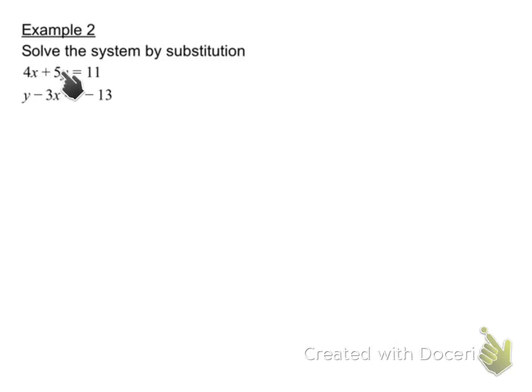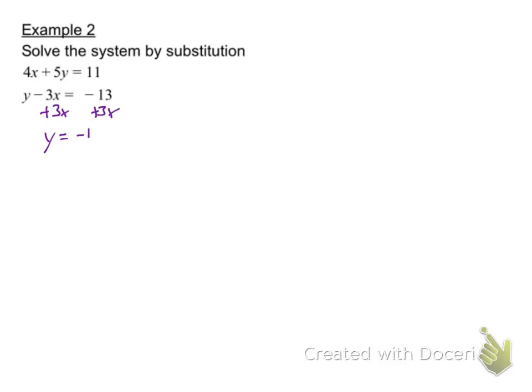Again, 4 and 11 don't divide by 5 very nicely. What about this x? Divide everything by negative 3. No, 1 and negative 13 don't divide by negative 3 very well. So, if I wanted to solve for those others, I would have to introduce fractions, and again, I would rather not. So, I will definitely solve for this y, and I do that by adding 3x to both sides.